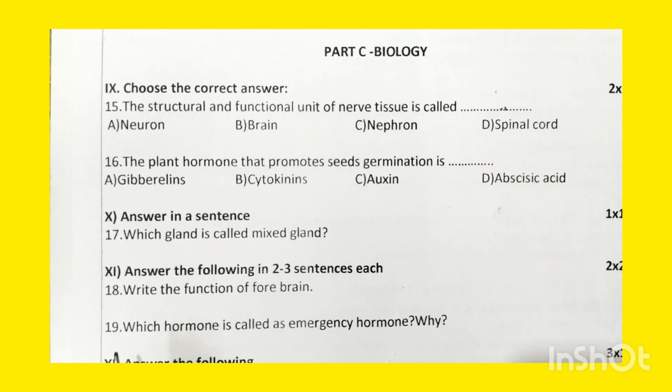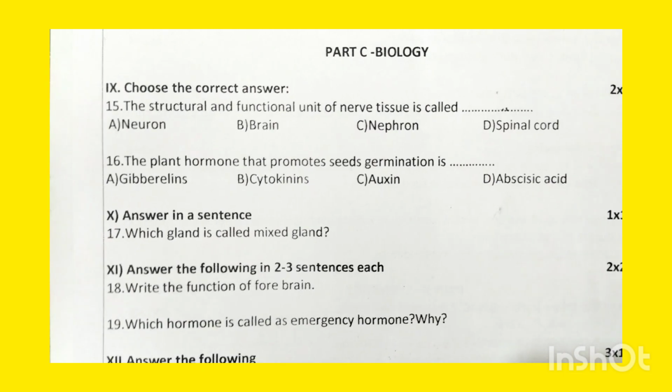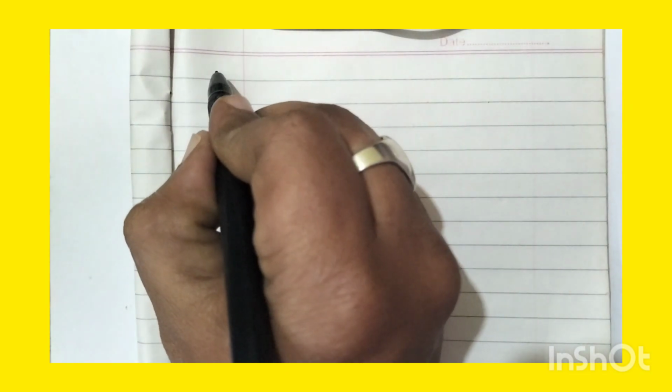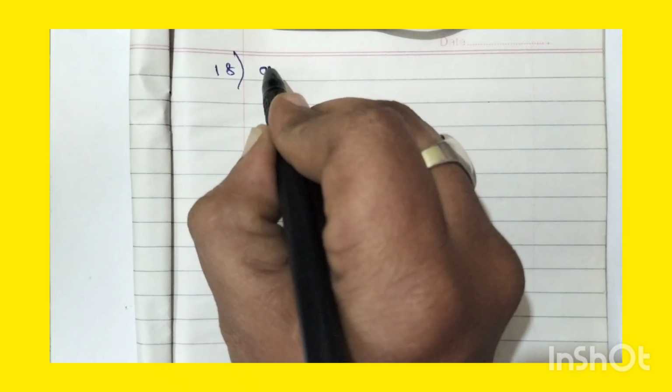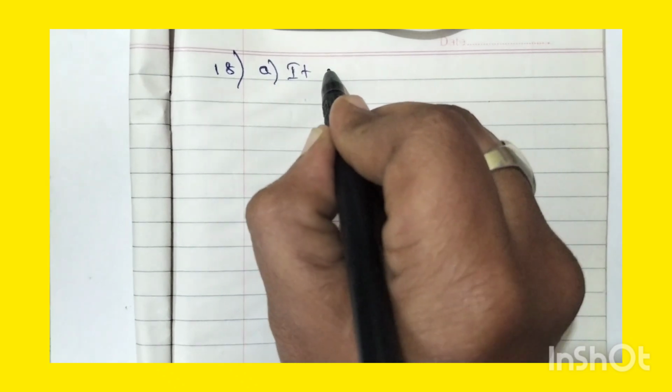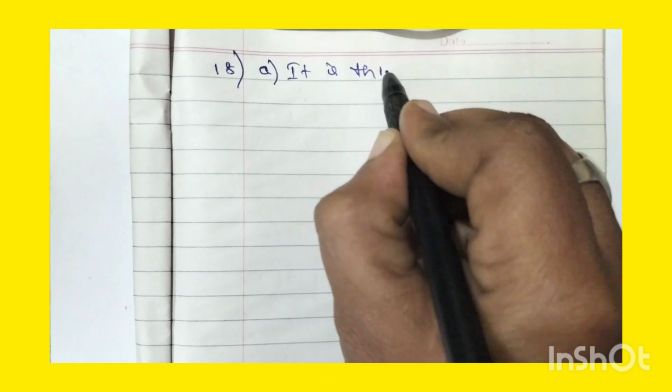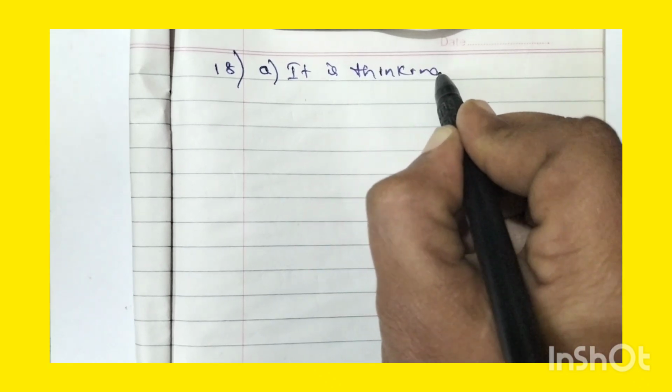Next, the 18th question is, write the function of forebrain. Forebrain function. The first function is, it is the thinking part of the brain.